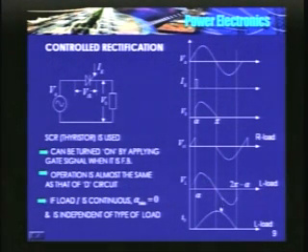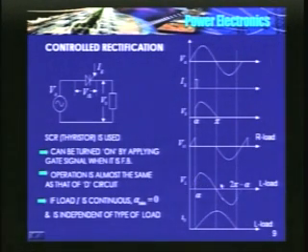So if it has started conducting at alpha, in the positive half the duration is pi minus alpha, so it has to be equal to, even in the negative half, pi minus alpha. So SCR turns off at 2 pi minus alpha, so that average voltage across the inductor becomes 0.